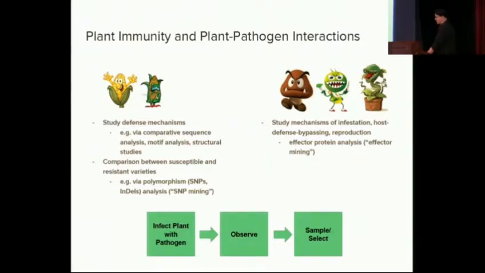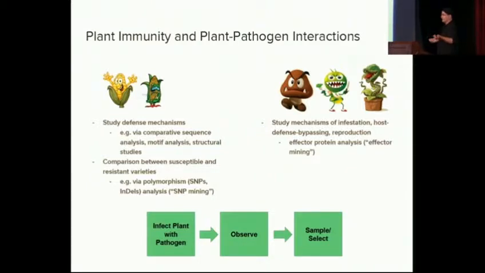On the other side, we have the fungi, but we also have other crop pests, such as, not carnivorous plants, but, what are they called? Parasitic plants, where you can study the mechanism of the infestation, how they bypass the host defense, and how they reproduce. This is, for example, done with effector protein analysis.